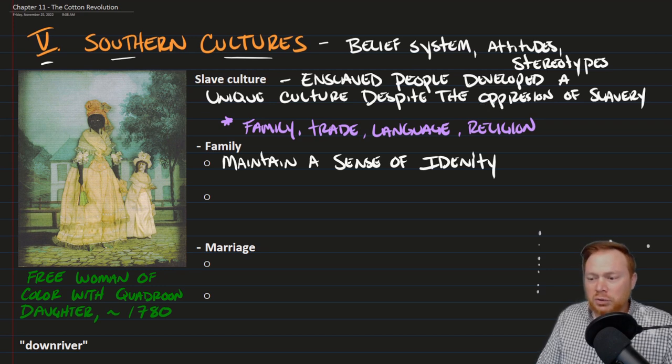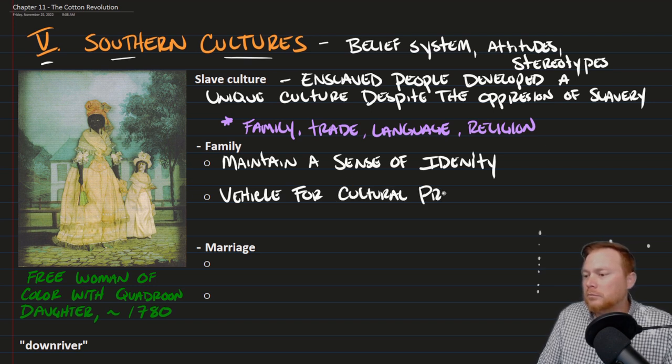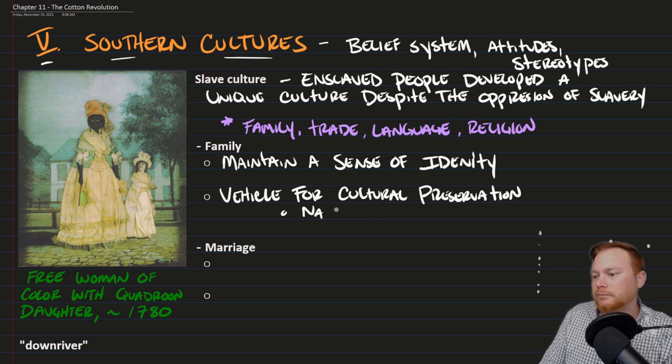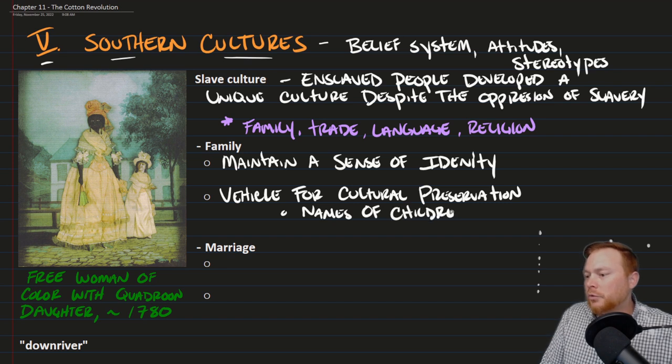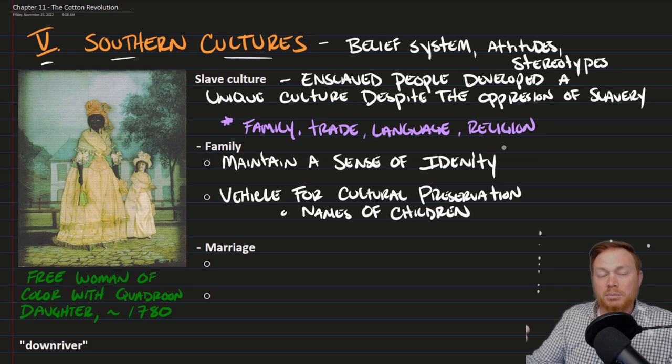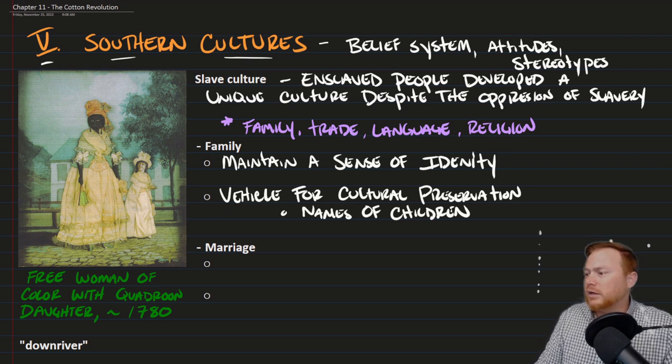Another way, especially true in the system of slavery, is that family was a vehicle for cultural preservation. A great example is the names of children. How would the culture of the enslaved population be passed down from generation to generation? Through family lines, and things like the naming of children.